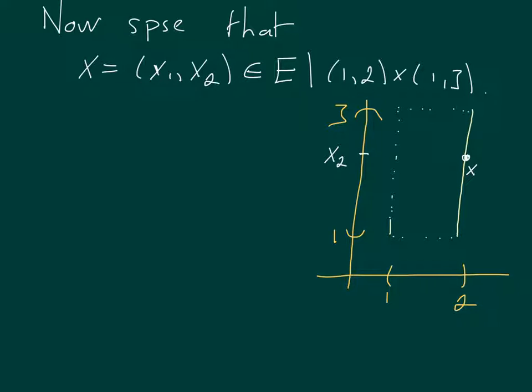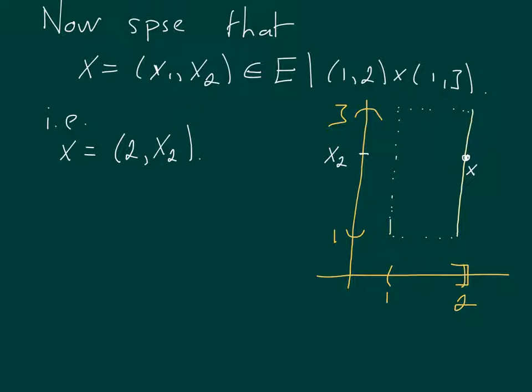So what do we have? Well, x looks like, its first coordinate is necessarily 2, and its second coordinate is x2. And what do we want to do? We want to show that x is not in the interior of E.